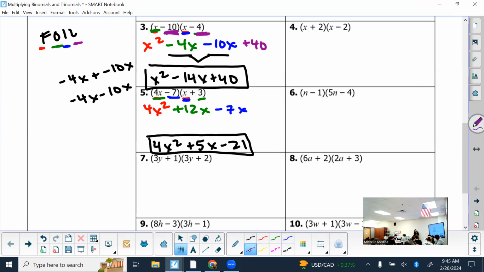And last terms, negative 7 times 3 is negative 21. Remember, I've been seeing people make this mistake too. They're multiplying these, you add them, you combine like terms. 12 plus negative 7 is a positive 5.